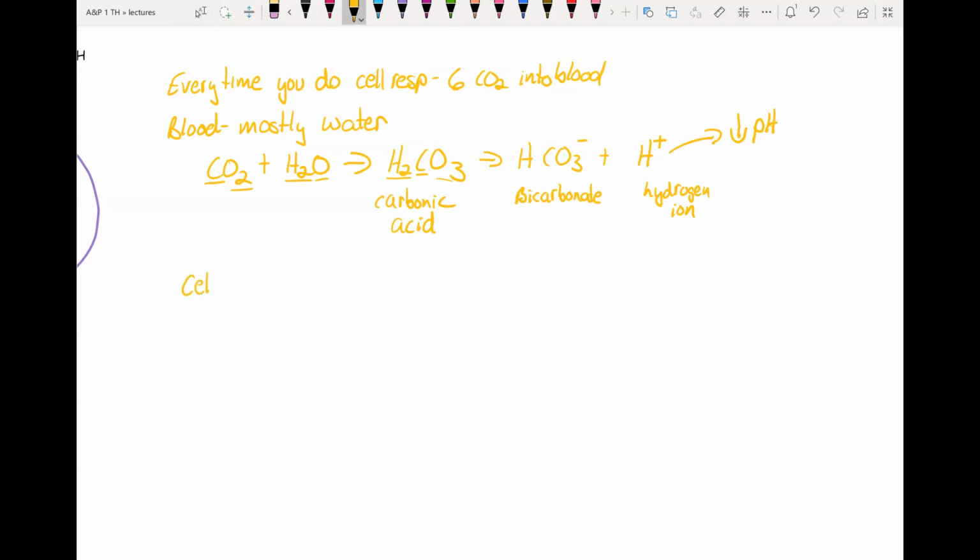So your cells make ATP. When they make ATP, they put carbon dioxide in your blood. This reacts with the water in the blood, and you end up increasing the number of hydrogens in the blood.